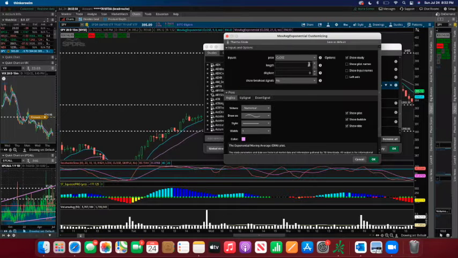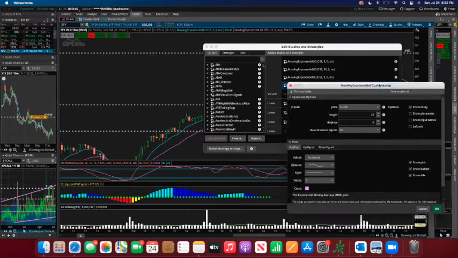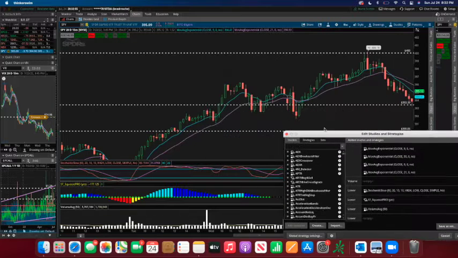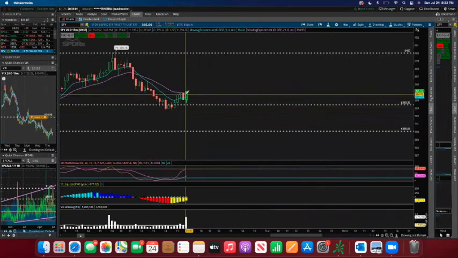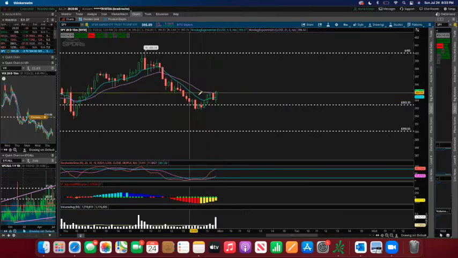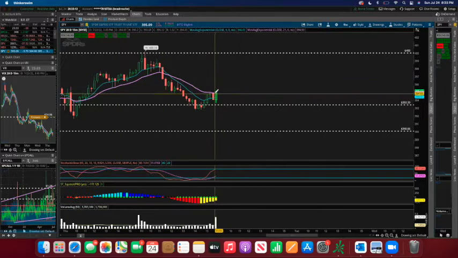So you can change these as you want. I use the 9, which is this blue one here. And then I use the 21, which is the purple one. So basically you type in a length, it gives you the length, and that's where I'm getting these numbers from. And basically what this purple line is showing is, if I go back to over here, where this purple line is at currently is telling me that over the past 21 candles, this is where the average price is.